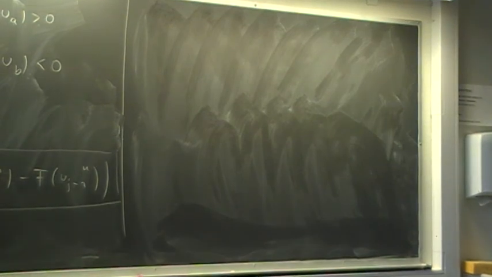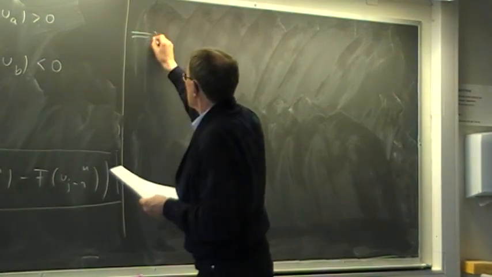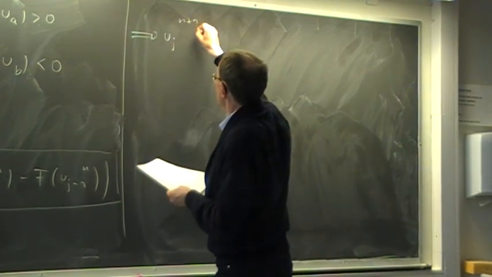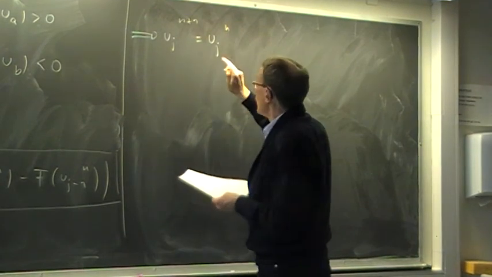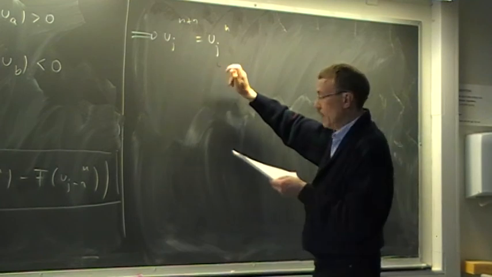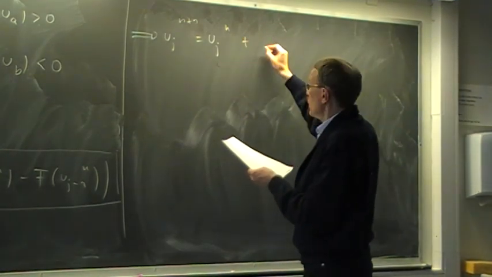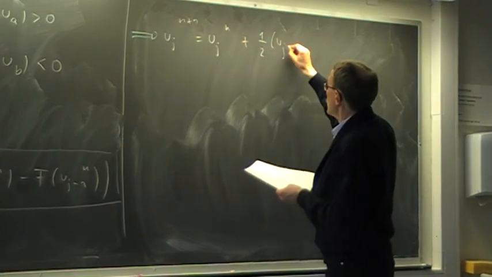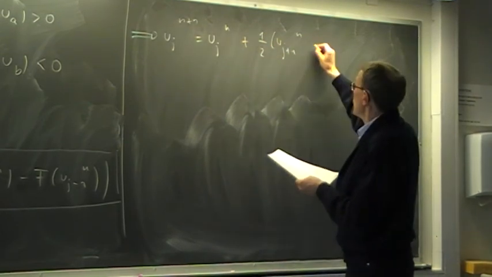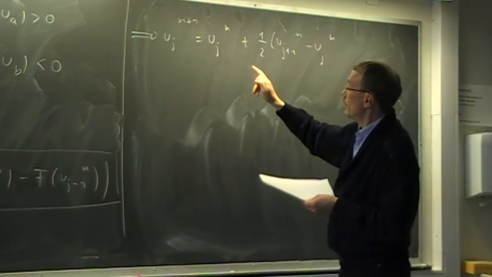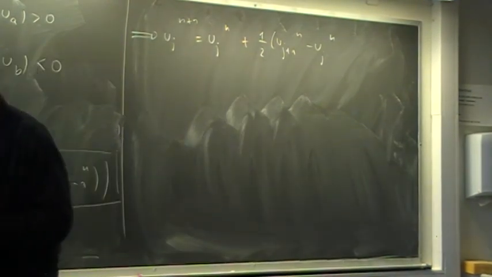So we can write this in the form that we usually use, the following way: u_j^(n+1) is u_j^n, so we add it, and then we also have to subtract it. We do it in the following form. We take 1/2, now we take u_(j+1)^n, so we subtract 1/2 u_j here.